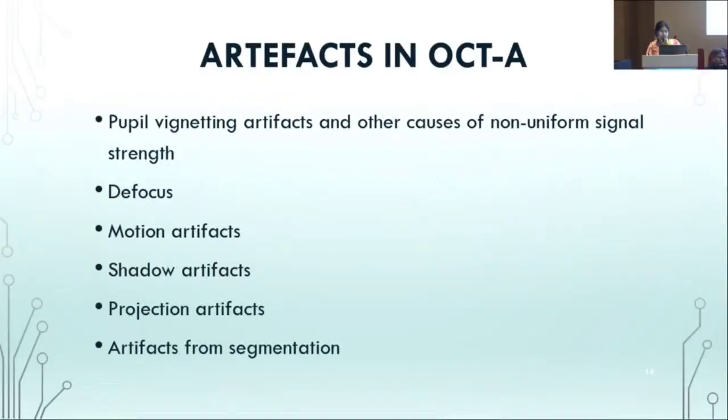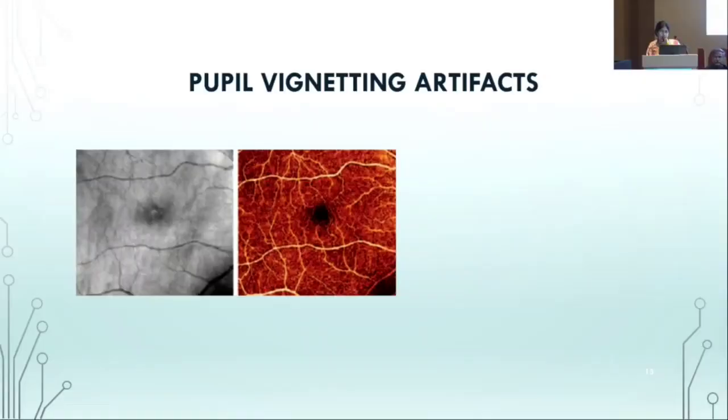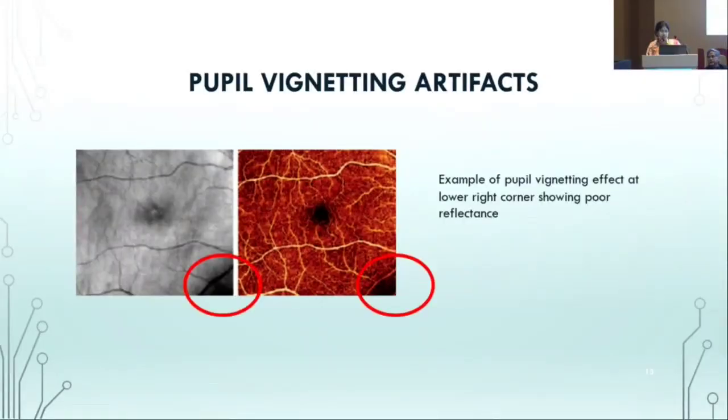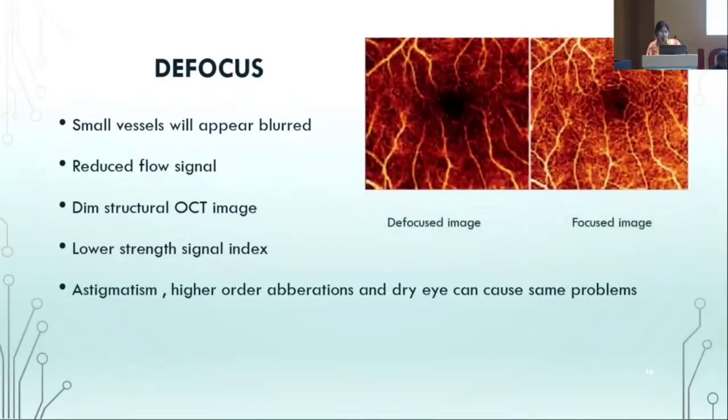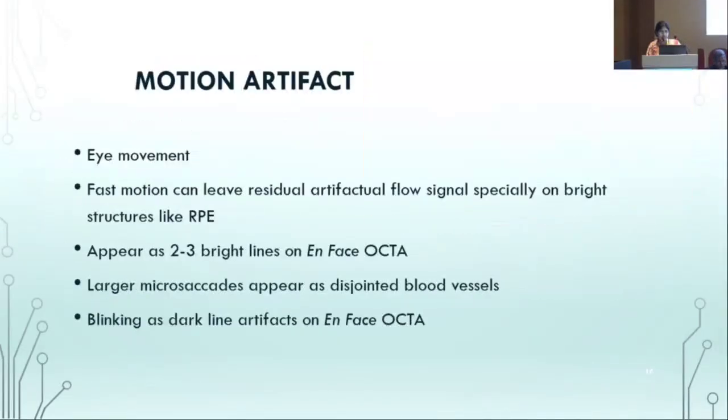The various artifacts in OCT angiography are pupil vignetting artifacts, defocus, motion artifacts, shadow artifacts, projection artifacts, and artifacts from segmentation. Pupil vignetting artifacts are artifacts created from the edge of the pupil as a result of low reflectance. With defocus, small vessels will appear blurred, with reduced flow signals, a dim structural OCT image, and low signal strength. Astigmatism, higher order aberration, and dry eye can cause the same problem.